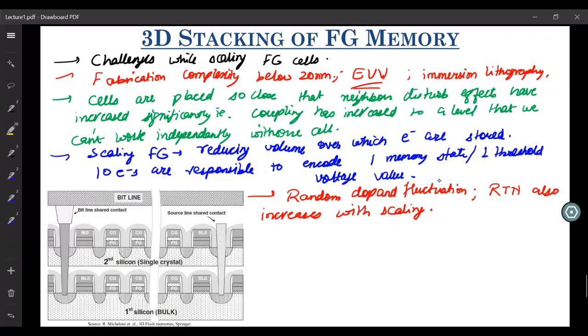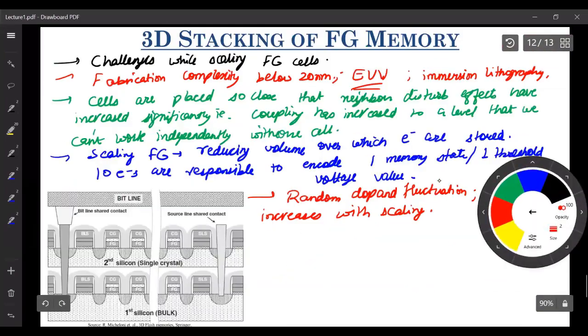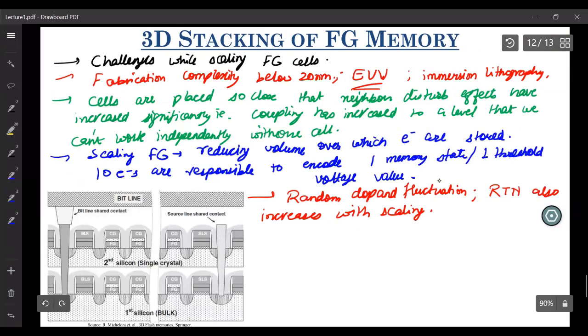So with scaling, even if there are only few traps, the impact, or the variation, I would say, would be significant.